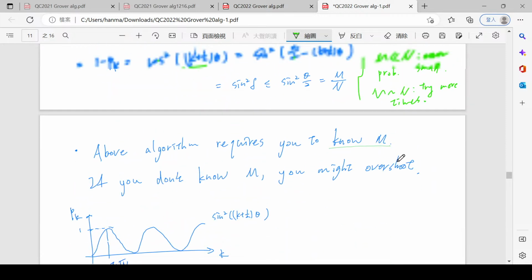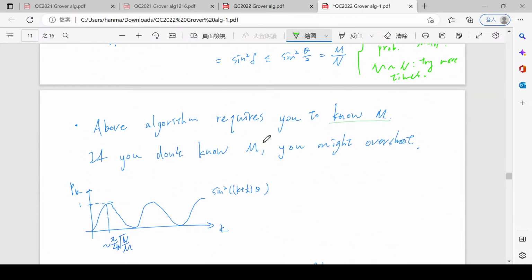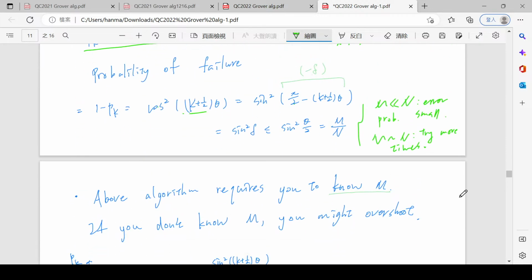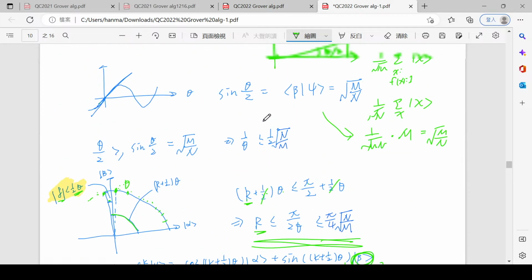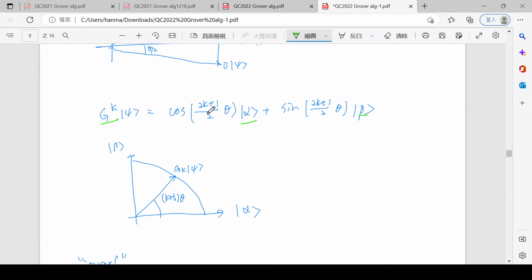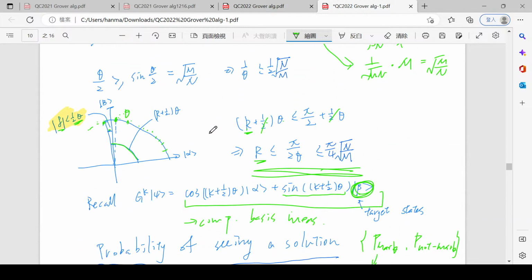Okay. And now is the tricky part. And I keep saying this, is that the algorithm up here assumes that we know m. Right? That's how we can, because we say, wait, where is it? This is the R thing, right? When we calculate R, we assume that we know exactly where we are.